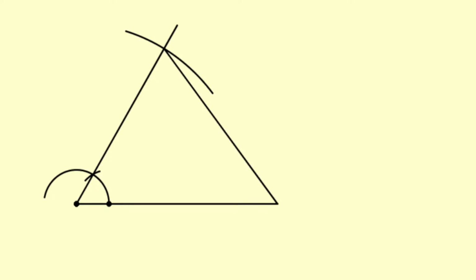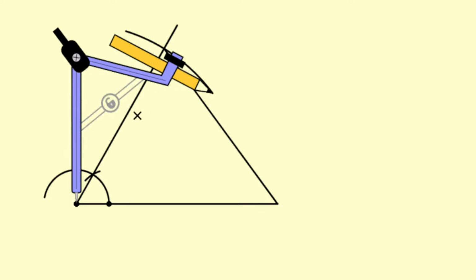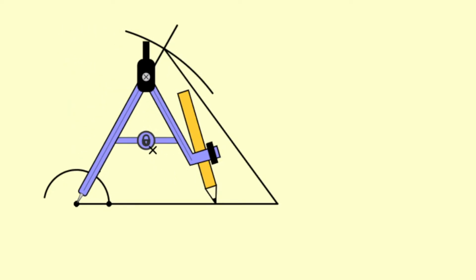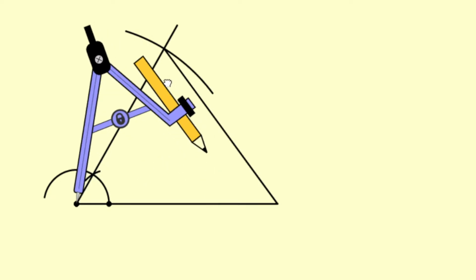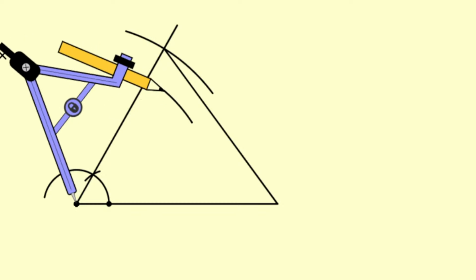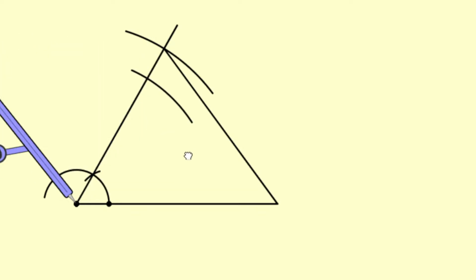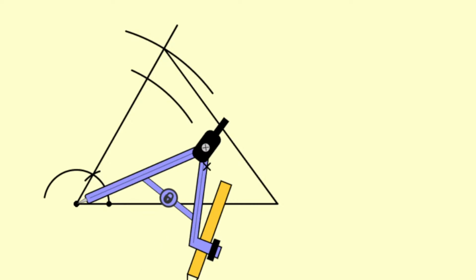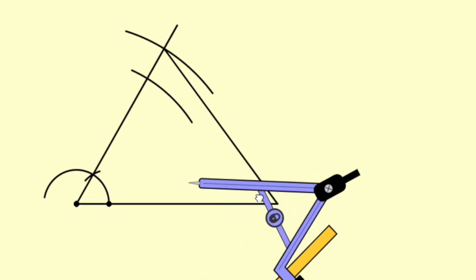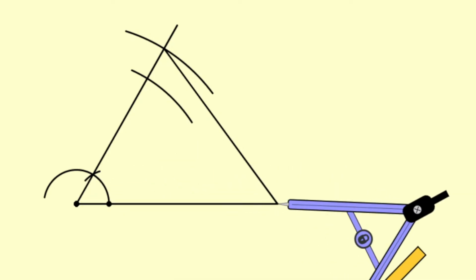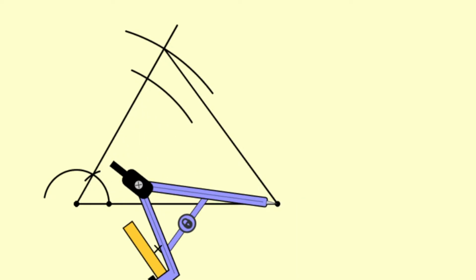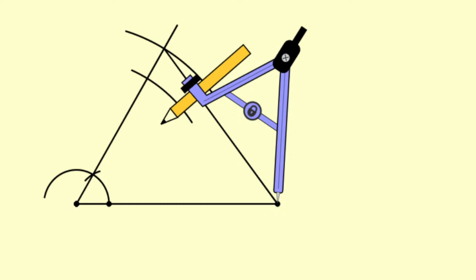For this, we have to open the compass to a length more than half of BC, and mark one arc on the upper side of BC and one arc at the lower side of BC. Now with point C, I'll do the same thing. One arc at the lower side, the arc length should be the same which we kept previously. One arc at the upper side.